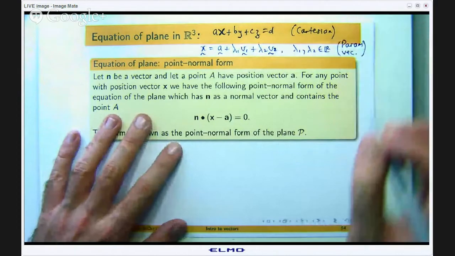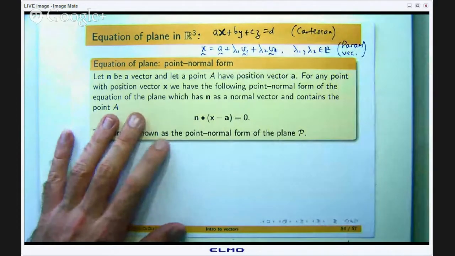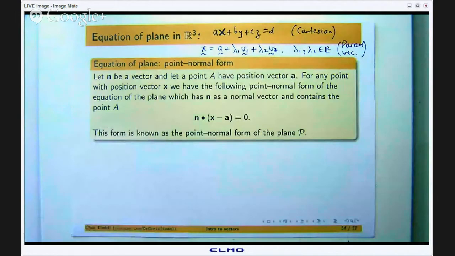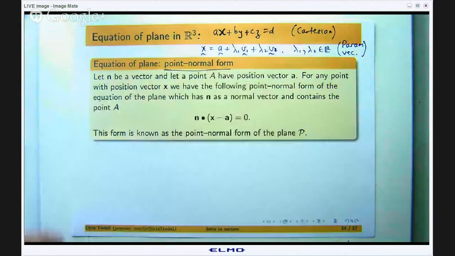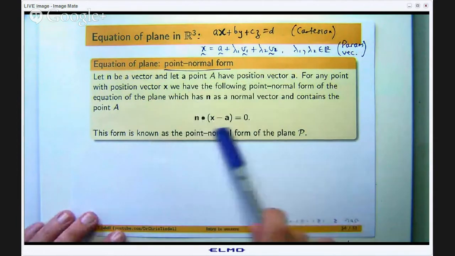vector form. Okay, so now it's time to discuss a third equation of a plane called the Point-Normal form. Okay, so let me just draw a little picture and it will motivate this expression.